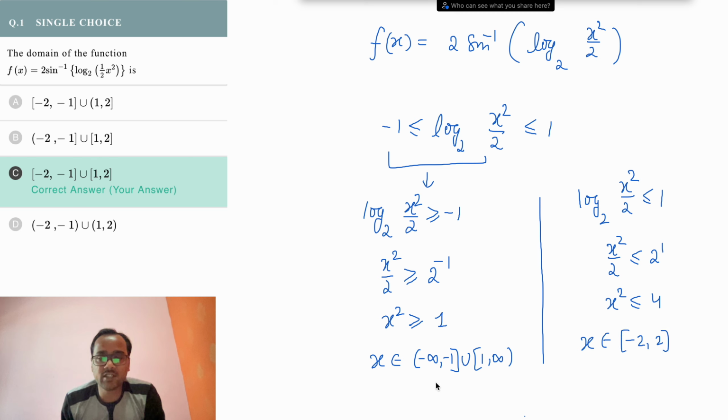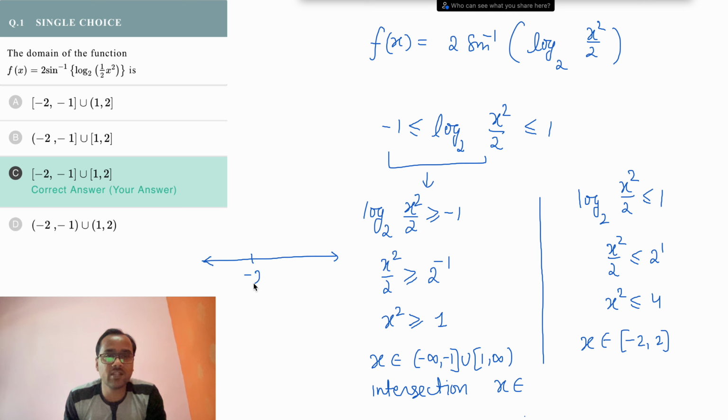If you take the intersection, x will belong from, see, this is minus infinity to minus 1 union 1 to infinity. If you plot on the number line, let's say minus 2, minus 1, plus 1, plus 2.